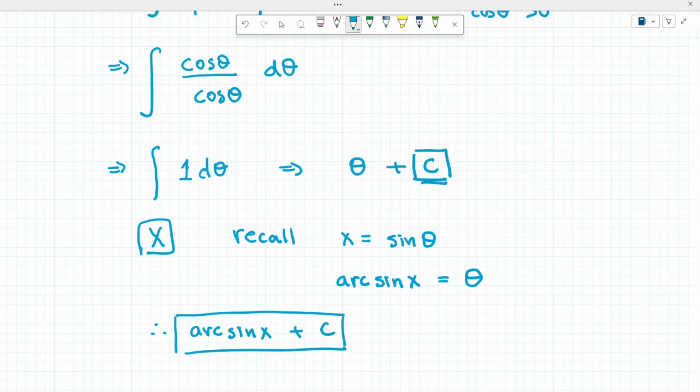So always remember that when you do substitutions, you have to substitute back in the last step. We have to go back and rearrange our equation so that we have it isolated for theta, and then we need our final solution to be with respect to x. That's very important. Well, I hope you enjoyed this video today.